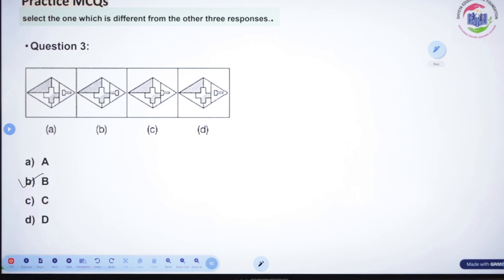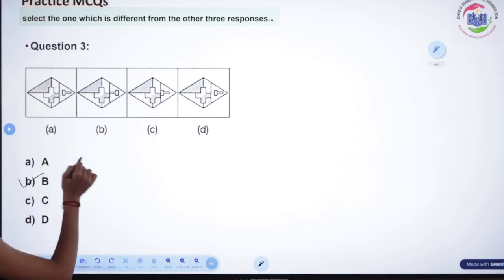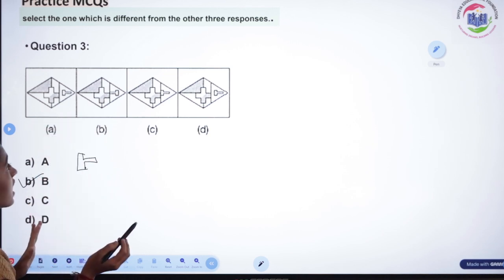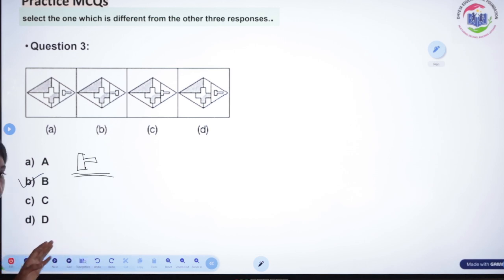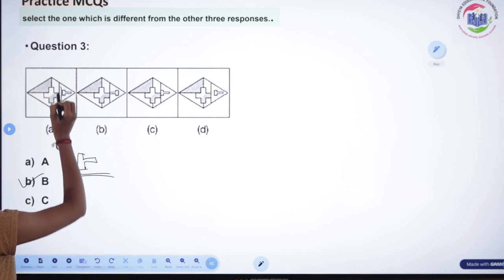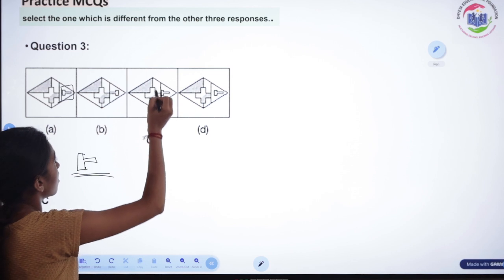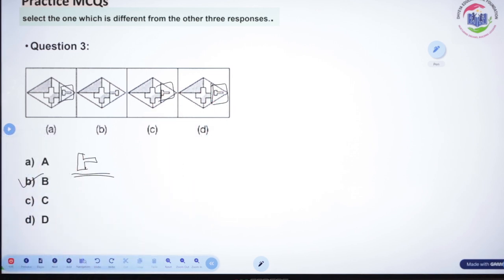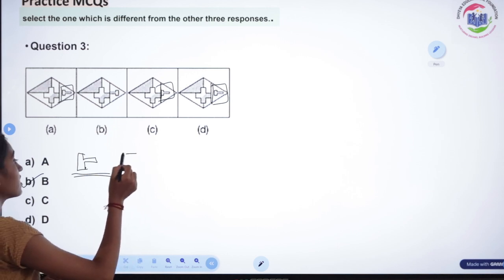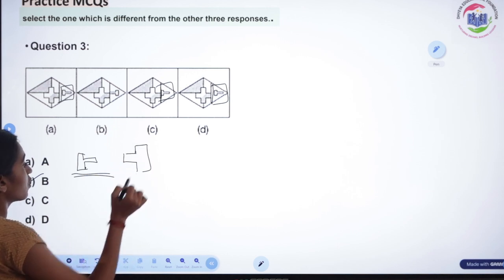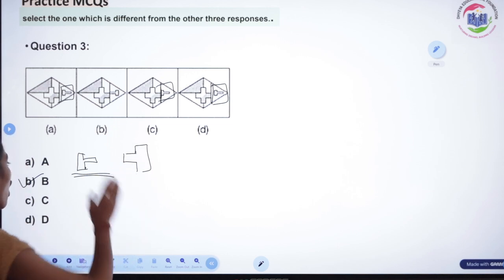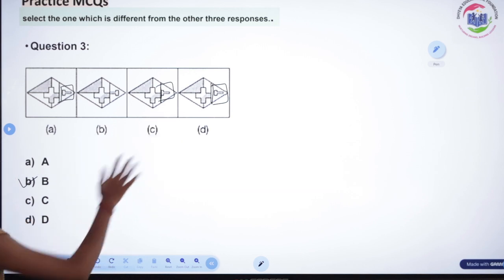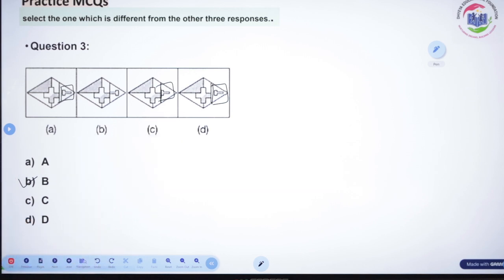If you observe the image, there is a small T between them, and the direction of the T is like this in this diagram. As you can see here also the direction is there, here also, but only in B the T's direction is exactly opposite. That means option B is the correct option.